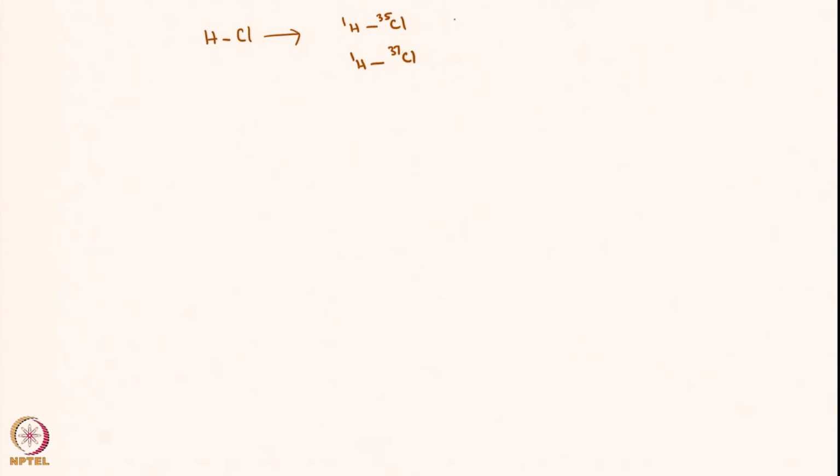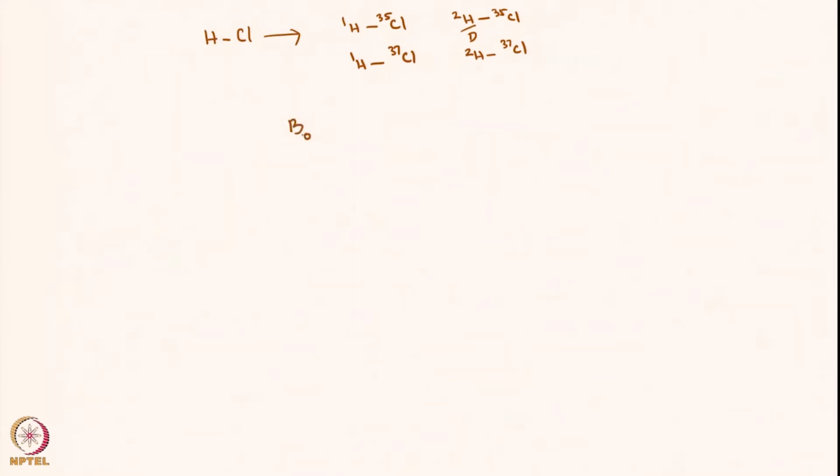Or one could have 2H and 35Cl. By the way, this is also called D. Deuterium is nothing but the isotope of hydrogen with atomic mass 2. Or you could have 2H 37Cl.